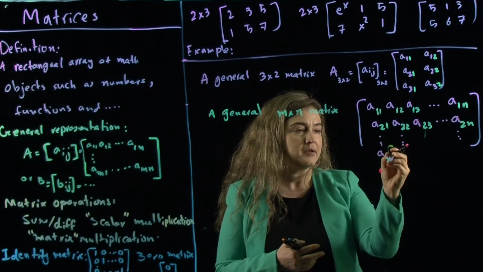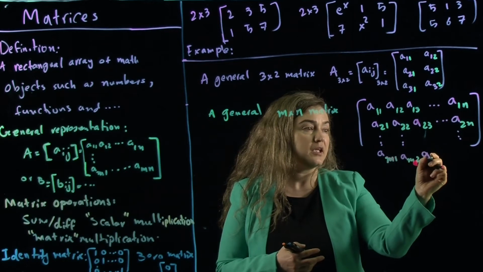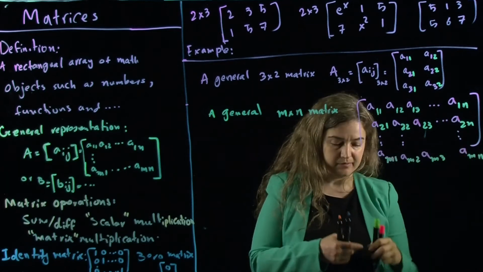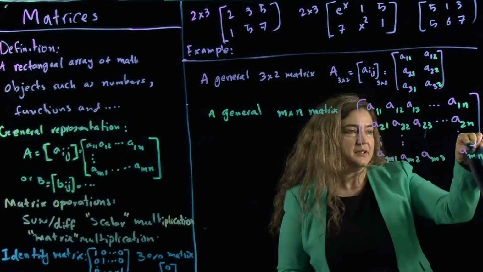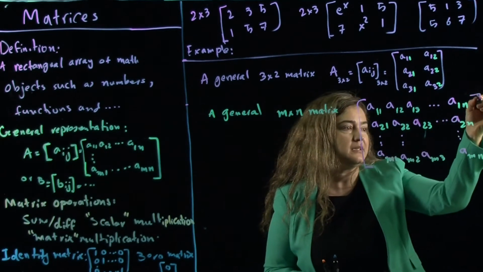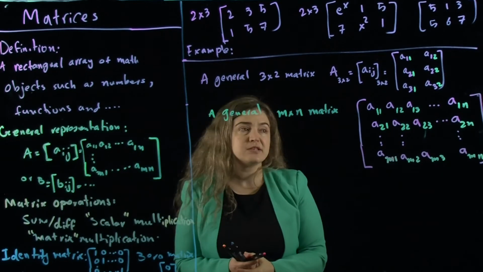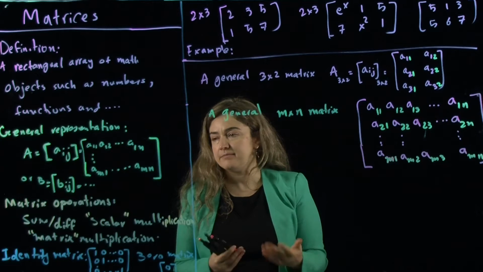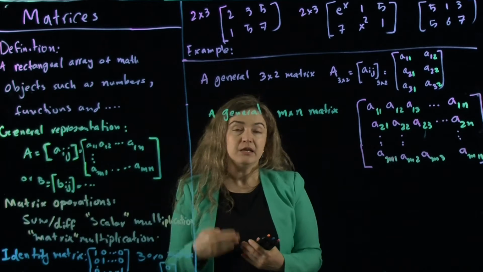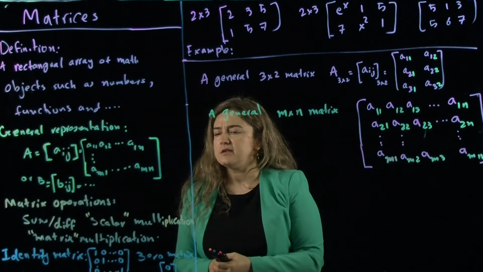So I go Am1, Am2, Am3, and Amn. To be consistent, I have to have the bracket ending down here. So that's the general form of matrices, and we'll come back to this when we get through matrix operations. I want to go back to this general format and show you a few things.